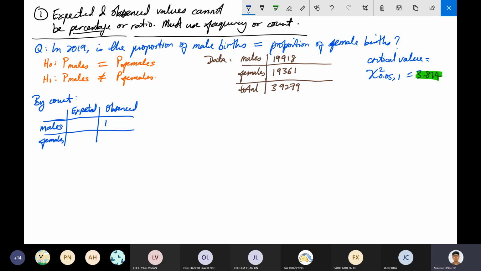So it's 19918, 19361. Okay, expected is the total divided by 2. So you get 19639.5, 19639.5. Okay, no problem with it here. So can somebody help me punch a calculator? What is the chi-square statistic?